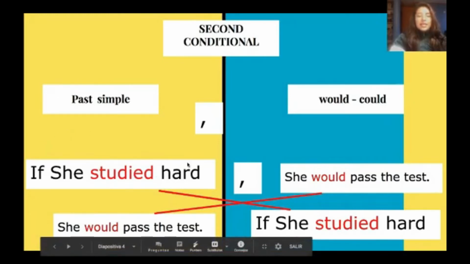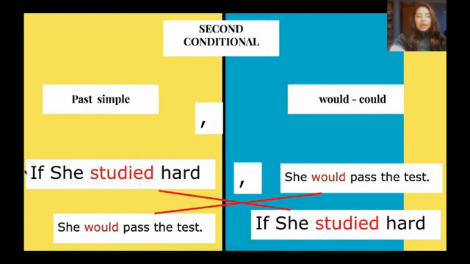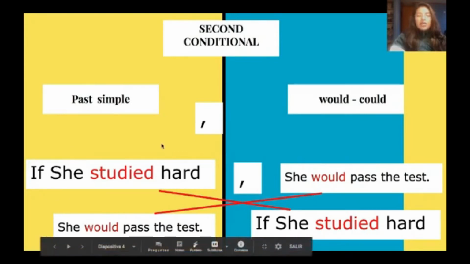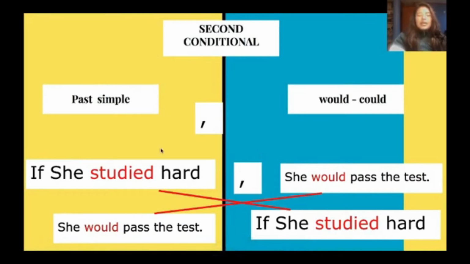If the sentence is using the if clause, you have to put a comma. And the sentence is in past simple. Why? Because the verb is conjugated in past simple. Study, studied. Okay? You have to change the verb to past.